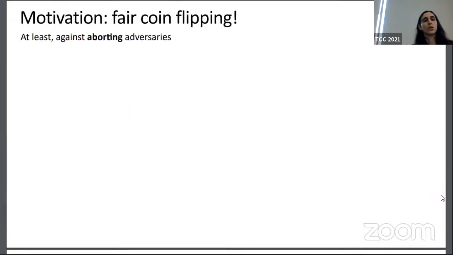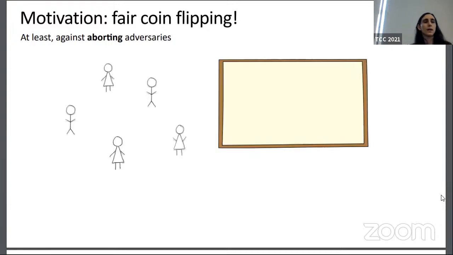The reason that we're looking at time lock puzzles is because they actually give this very simple to state and non-trivial coin flipping protocol. So the setting here is where we have n parties and they have access to some public bulletin board. And the goal is just to flip an unbiased coin. And the protocol is really simple.